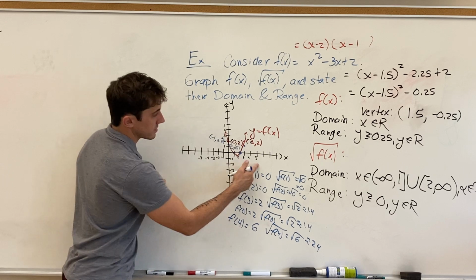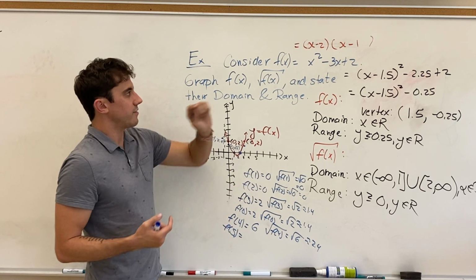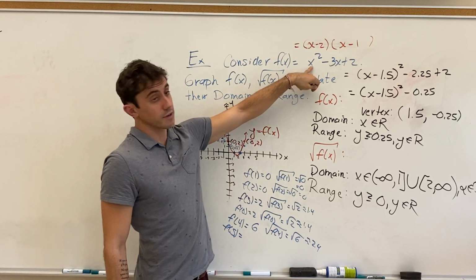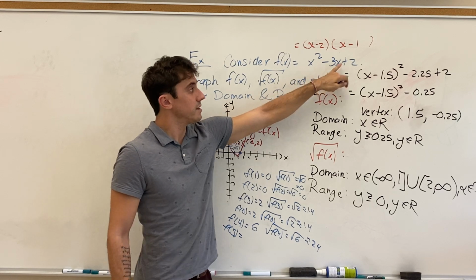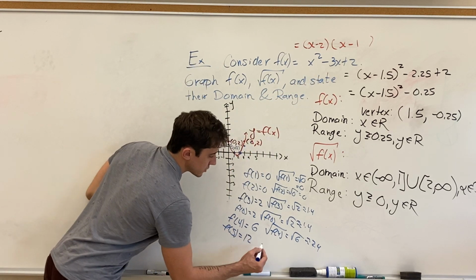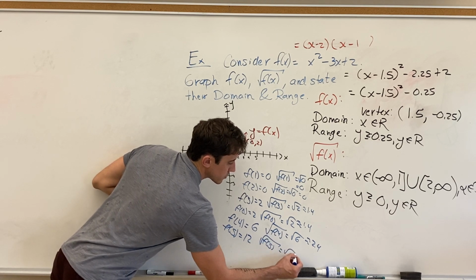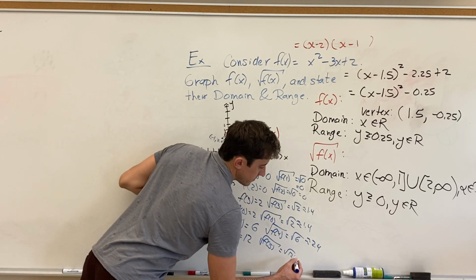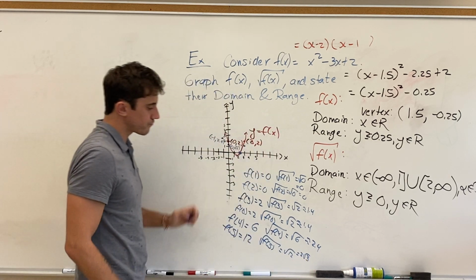Let's do when x is equal to 5. So f of 5 is, we're going to evaluate this quickly, 5 squared is 25, minus 3 times 5, it's 25 minus 15, which is 10, plus 2. So f of 5 is 12, and so the square root of f of 5 is equal to the square root of 12, or if you'd rather, 2 root 3.